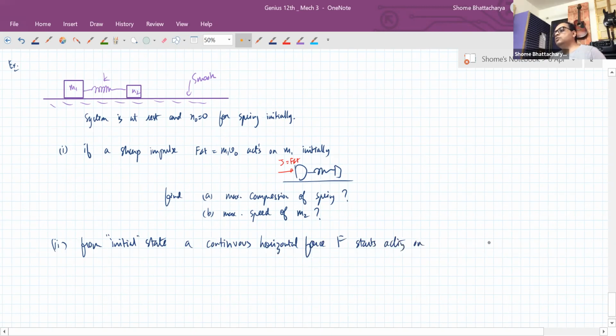So instead of giving it a sharp impulse, we are continuously applying a horizontal force F on the second block. In this case, again, we have to find the maximum compression, and this time we'll find the maximum acceleration of M1, this block.